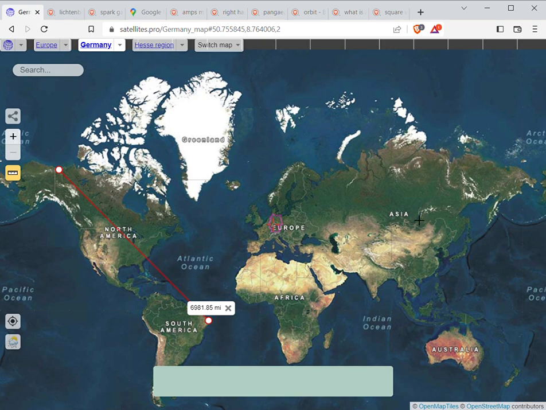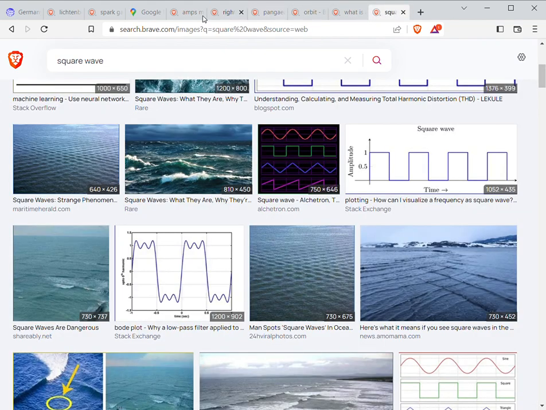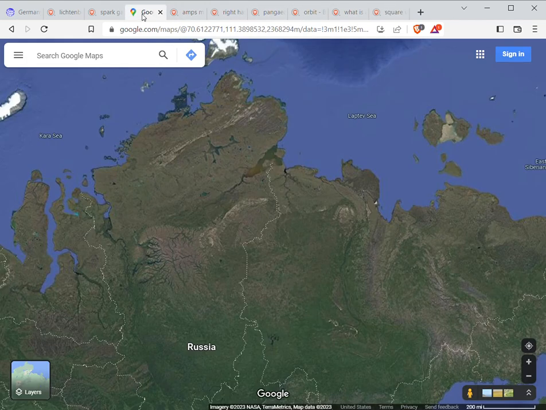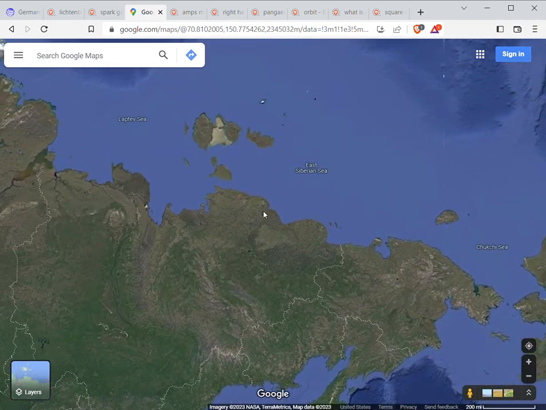That's a distinct semicircle. All this here, and then you go back and you learn physics, and you see all these right angles, and then you learn the right hand rule, and then they teach you about square waves, and you're like, oh, that kind of explains some of this, all these weird features up here.